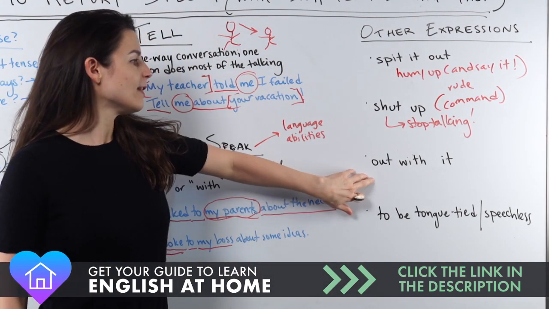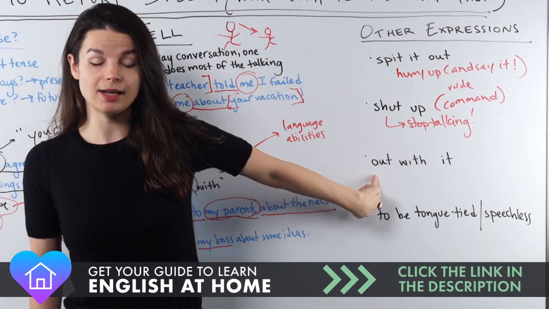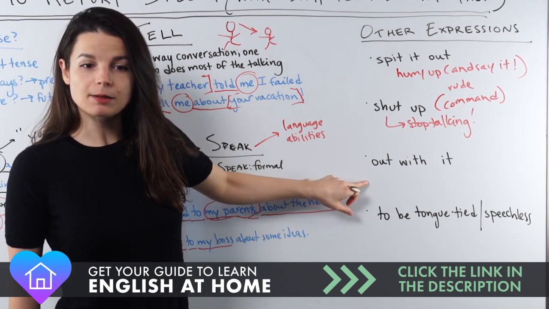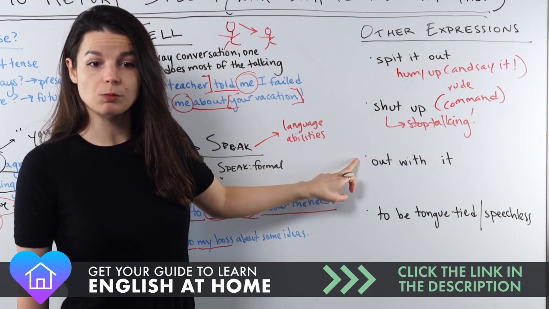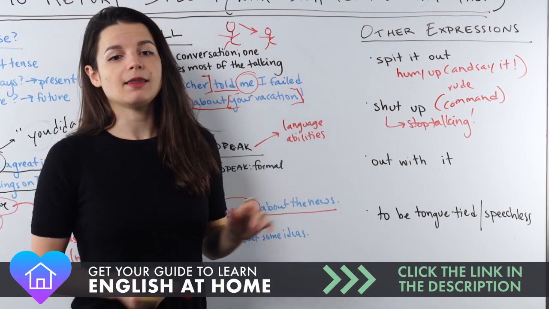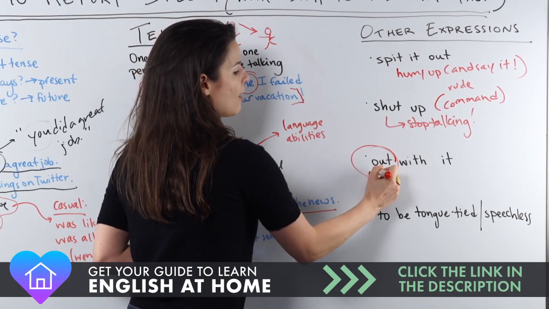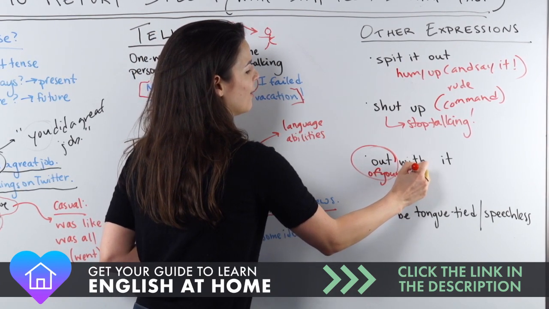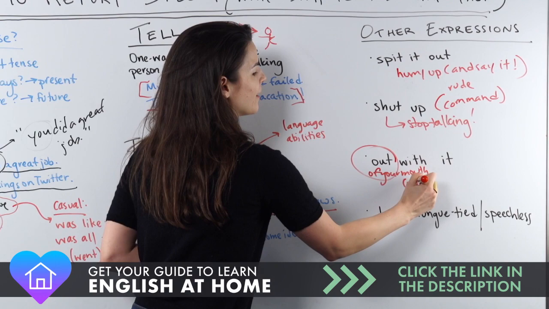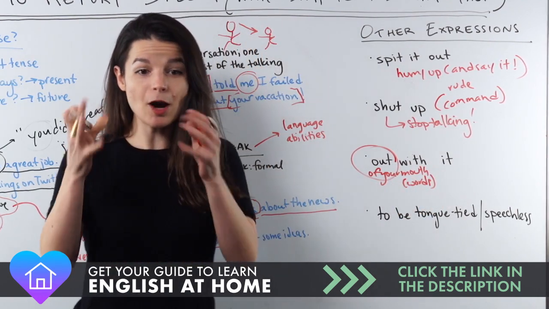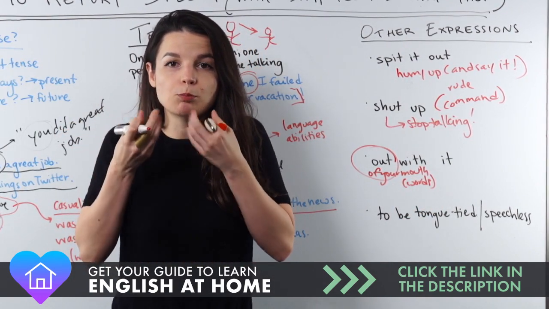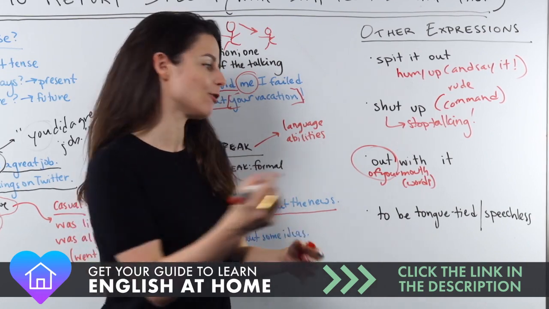Continue. Okay, next one is out with it. Out with it. This means spit it out as well. Imagine this out as out of your mouth in terms of words. So out with it means bring the words out of your mouth.